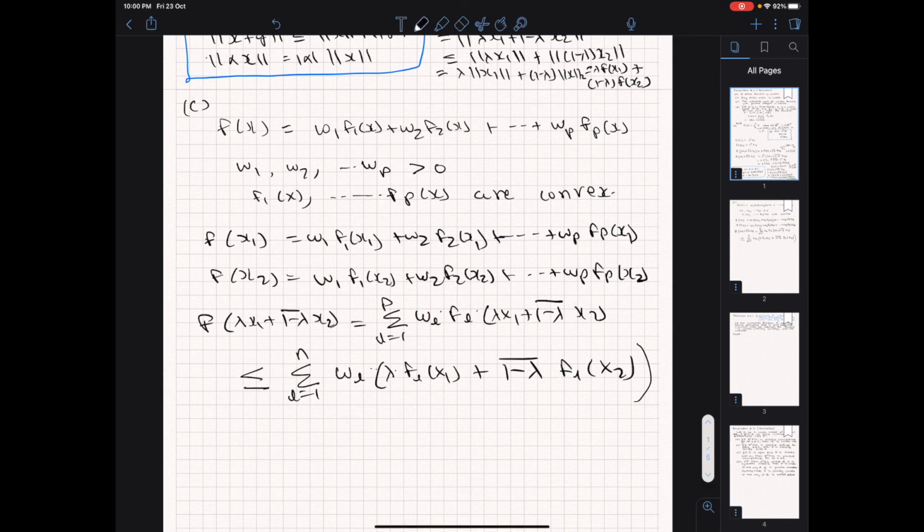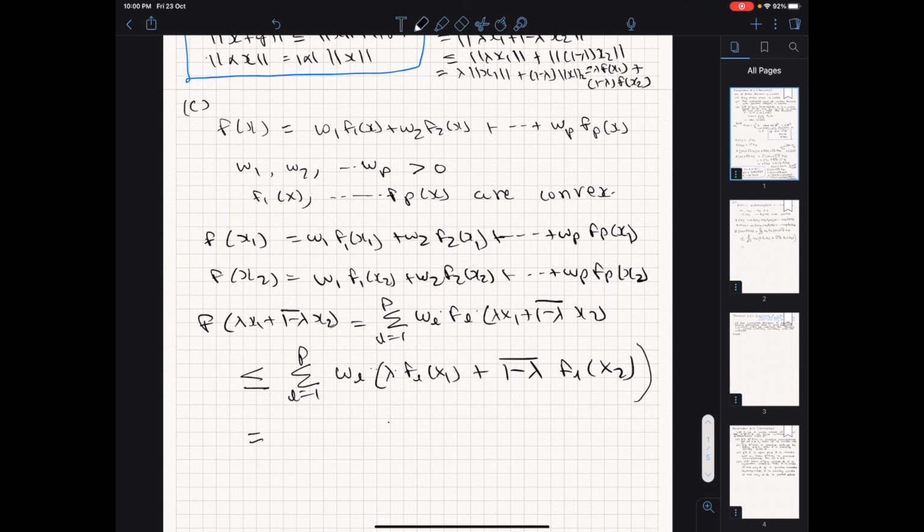Seeing this playing of symbols, you should do it comfortably.